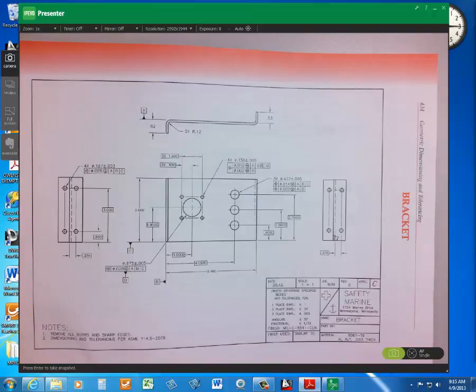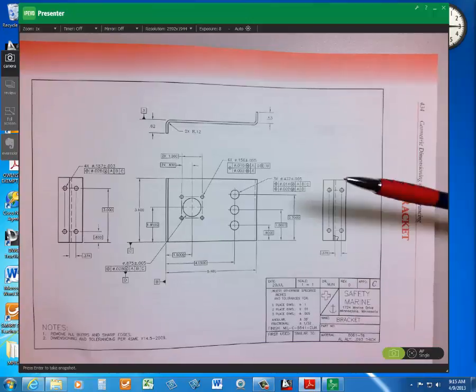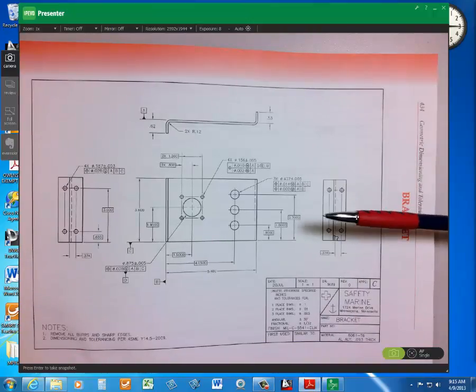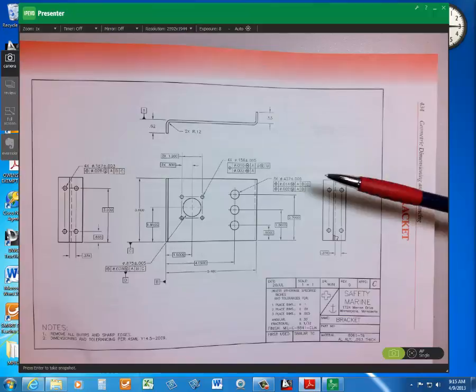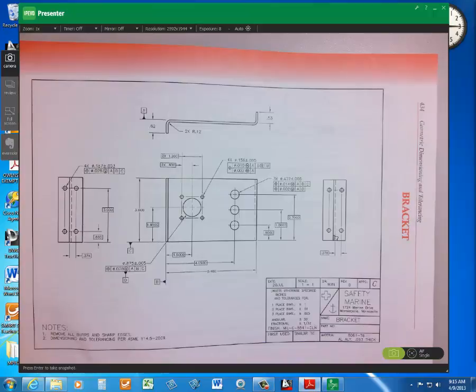The lower feature control frame specifies datums A and B. Datums A and B control the orientation of the alignment of the 2000s position tolerance zone at MMC, where the individual features must lie. Individual features must lie within the pattern.